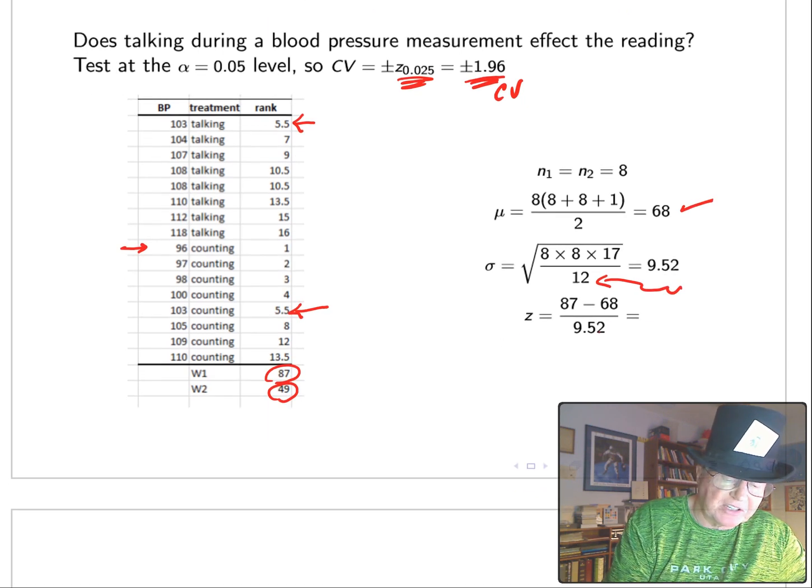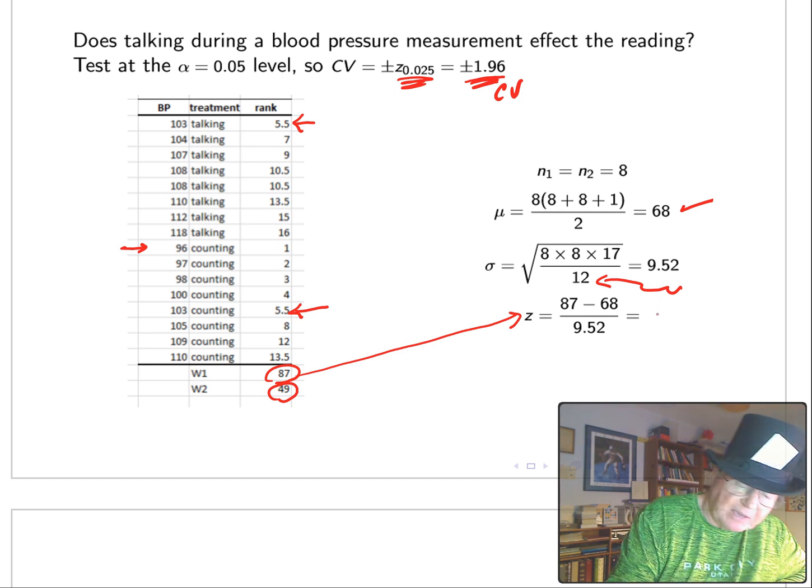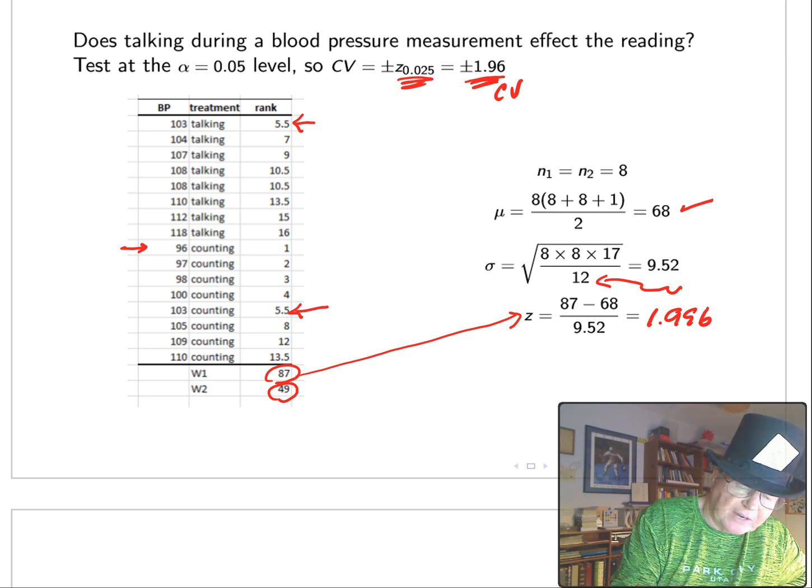And then we just calculate the z-score. So we'll take the 87, subtract off the mean, divide through by the standard deviation, and we'll get a z-score of 1.996, which is greater than the critical value.